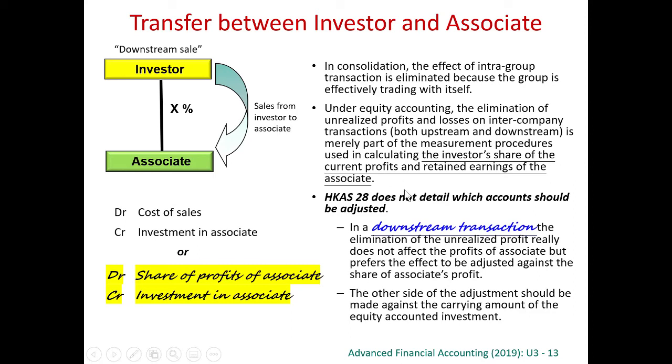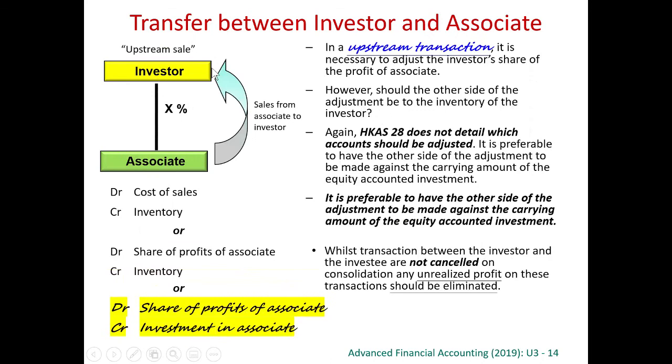Therefore, for this course, we will use the simplest way. Whenever there's a profit and loss implication, we simply debit share of profit of associate. Whenever there's a balance sheet implication, we credit investment in associate. So no matter whether the sale is from the investor to the associate or from the associate to the investor, we simply debit share of profit of associate and credit investment in associate.